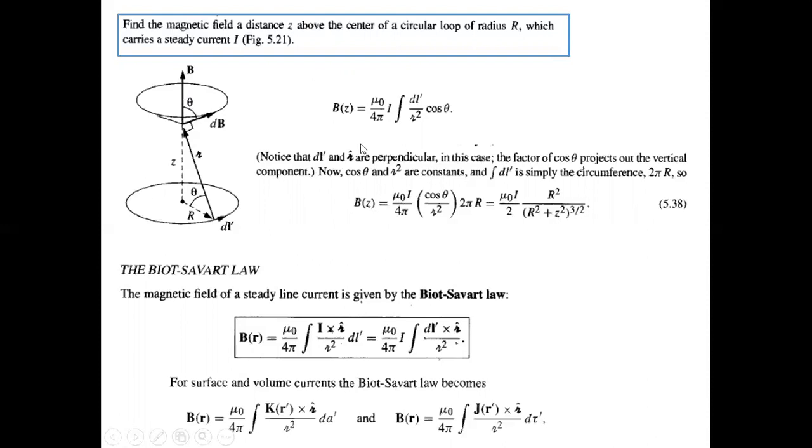So similarly, by the Biot-Savart rule, we have this, and we can calculate this value.